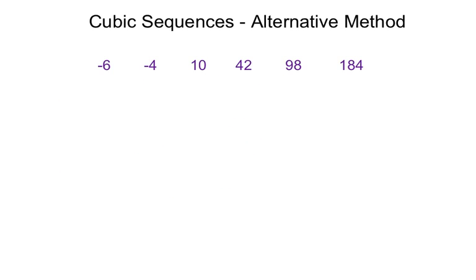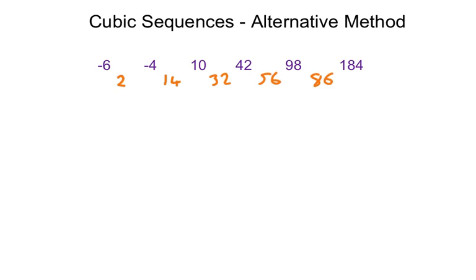The first one is -6, -4, 10, 42, 98 and 184. Whenever we see a sequence, the first thing we do is look for differences. So the first differences are 2, 14, 32, 56 and 86.